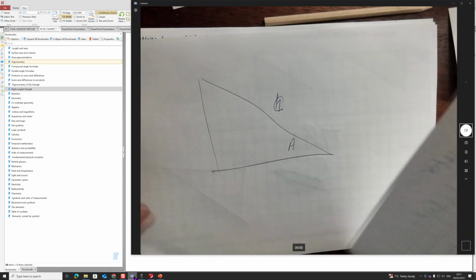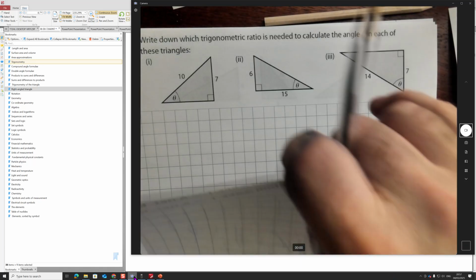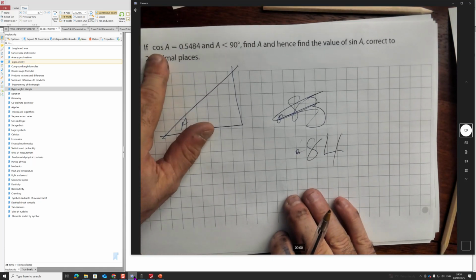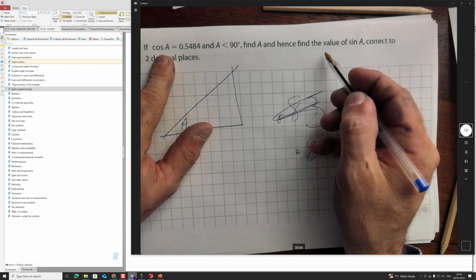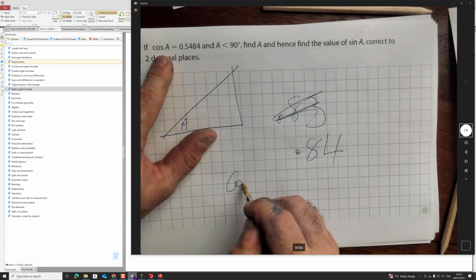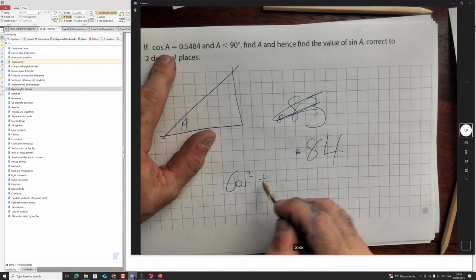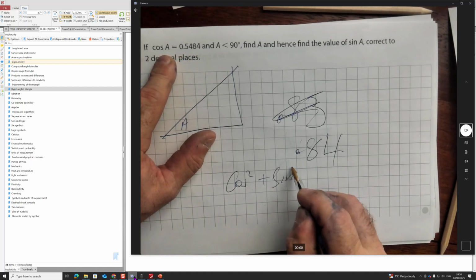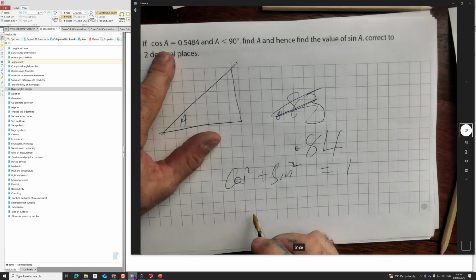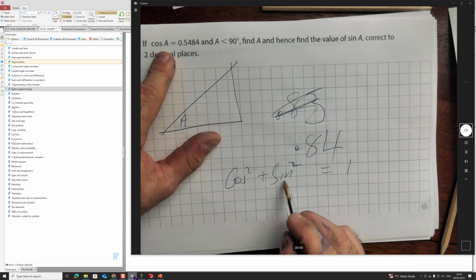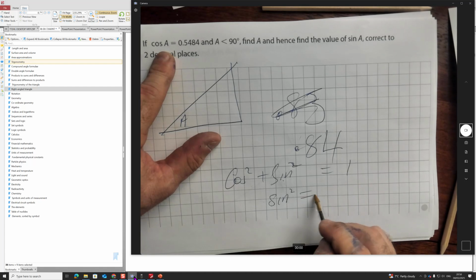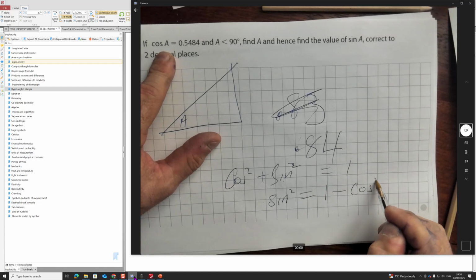So what's all that about then? Well, they asked us a question back here. They said, we know what cos is, find sine. So what we could have said is, well, we know cos squared, and don't worry about this A here. I'll just write cos squared plus sine squared equals 1. Let's arrange it so sine squared is on its own by transposing the cos squared.